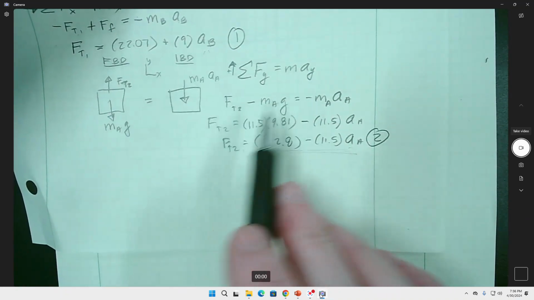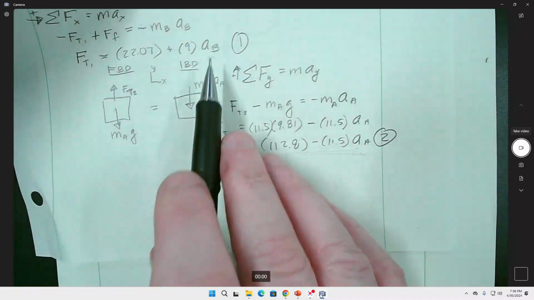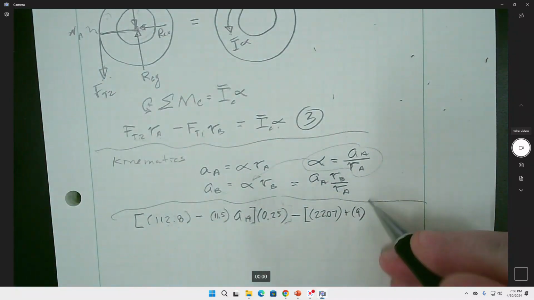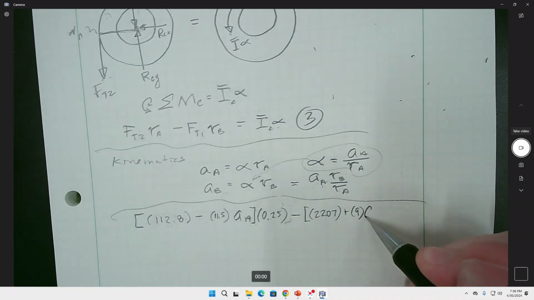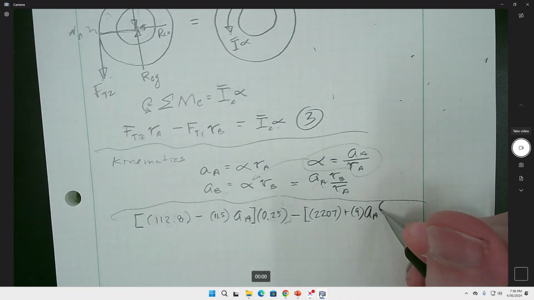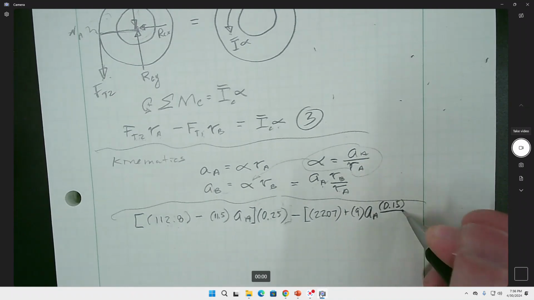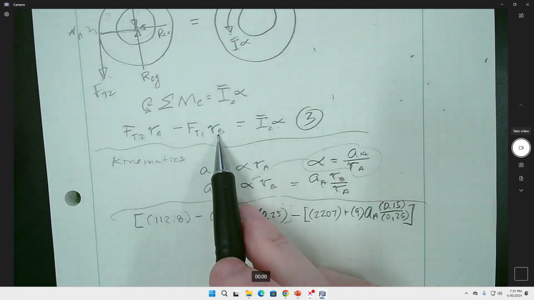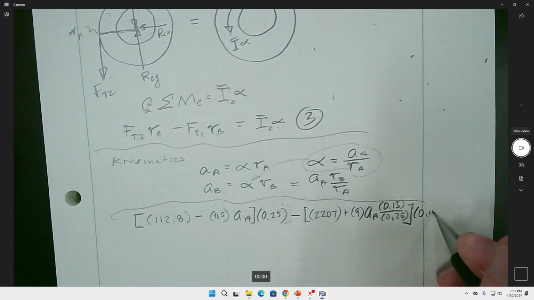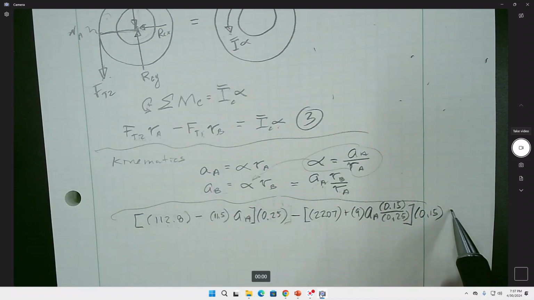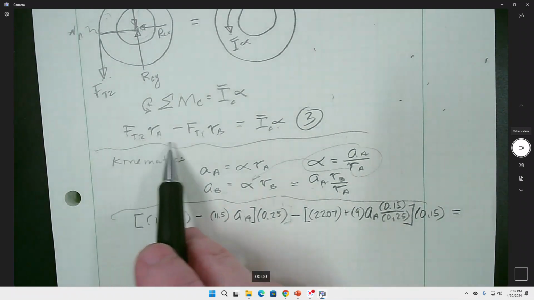The other one was just straight out AA. Now we substitute the AB, which is going to be AA times 0.15 over 0.25, and then multiplied by RB, which is the 0.15. And so we got that side of the equation.